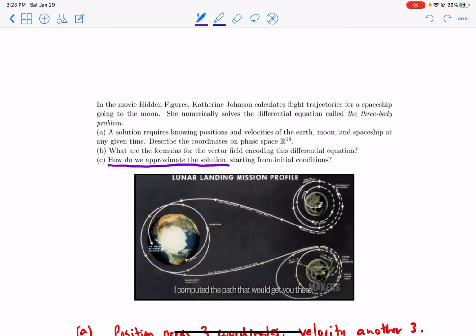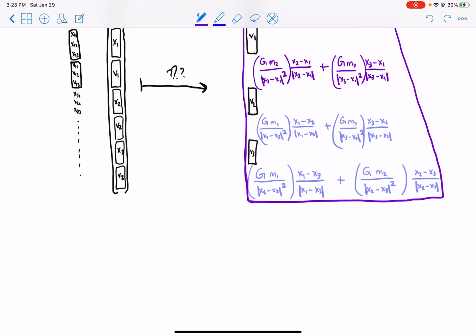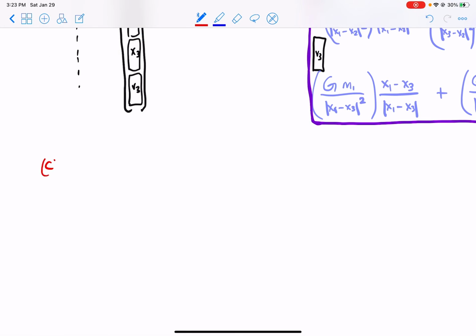Part C, how do we approximate the solution starting from initial conditions? Okay, so I'm just going to briefly say how to do this. So here's part C. We know positions and velocities at time t equals 0.